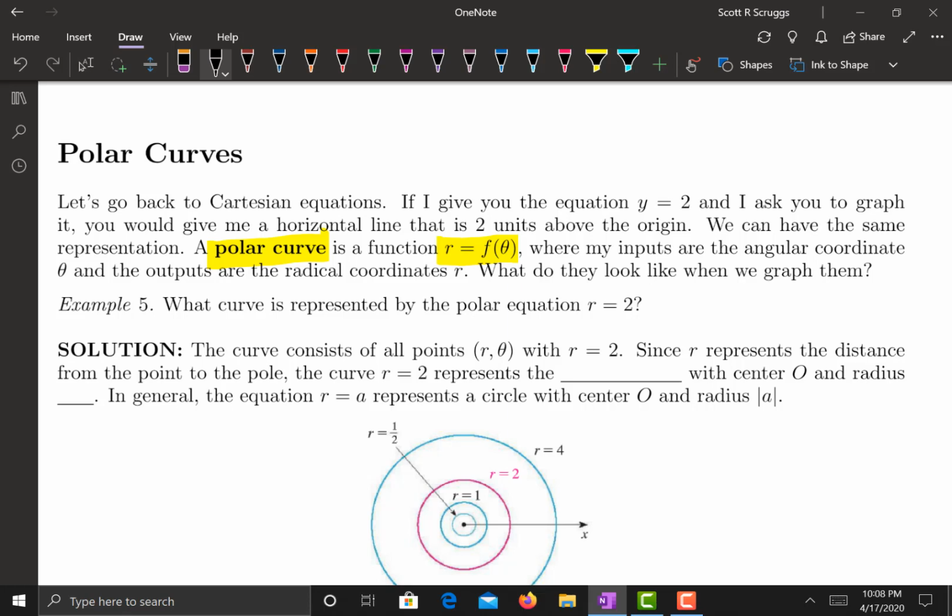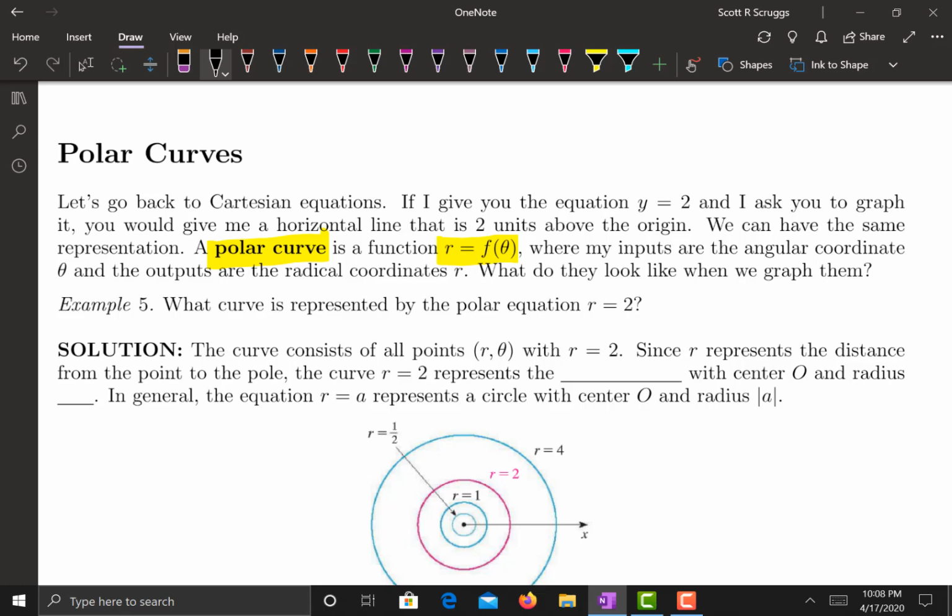Here I switch it. And the reason polar curves are represented like that is that a lot of the polar curves we're going to deal with are based off of angles. And so we're going to learn how to play around with that.